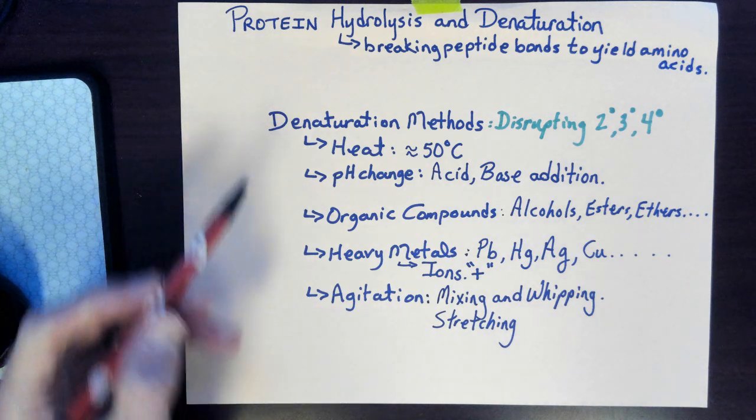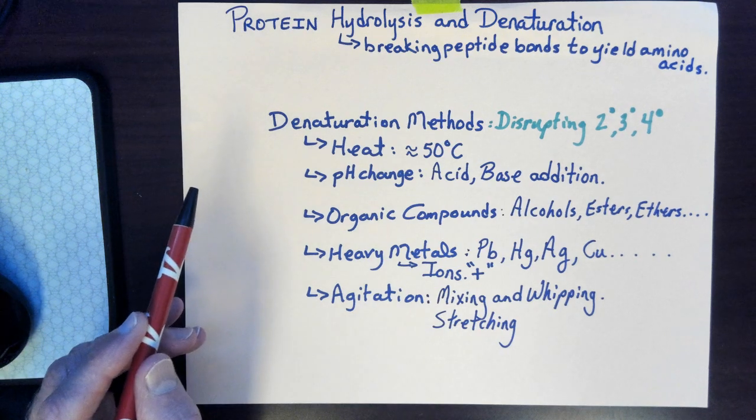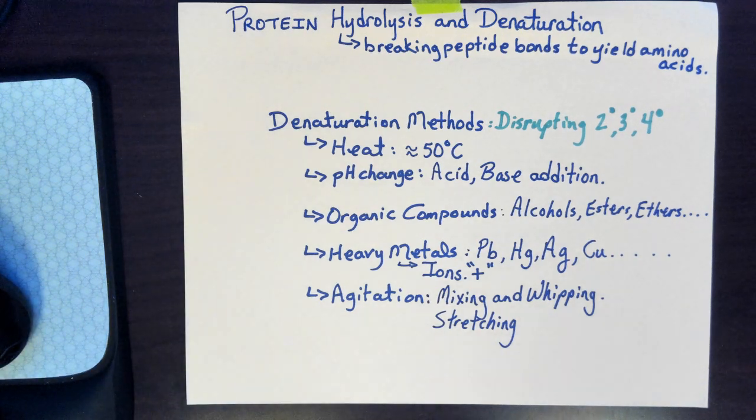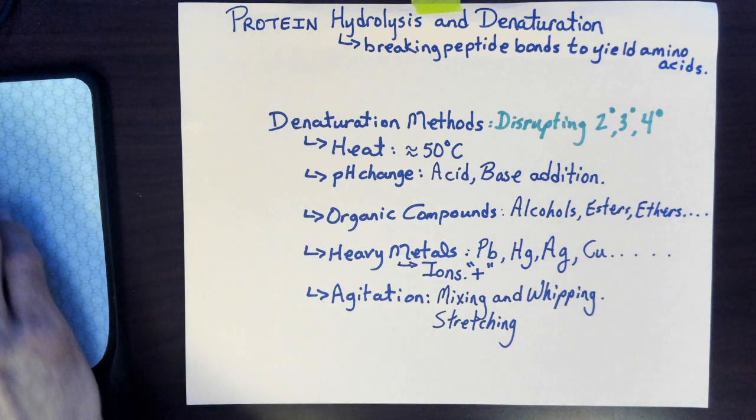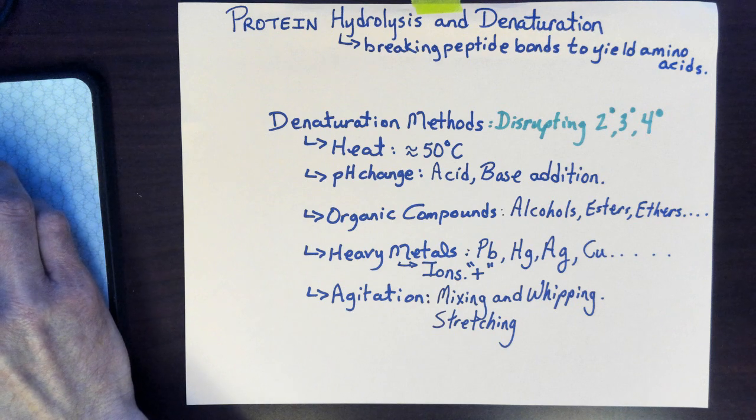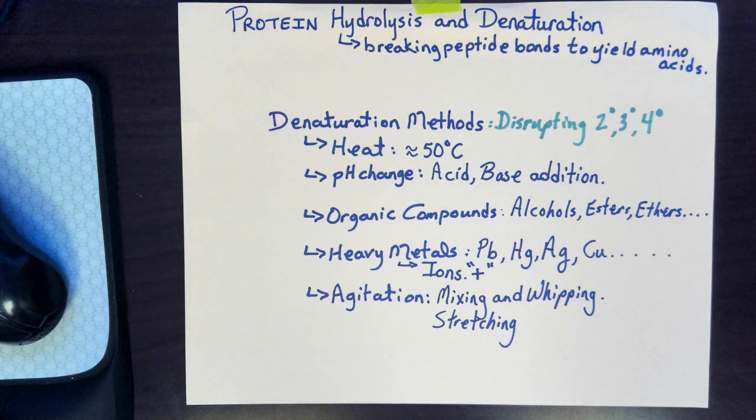Denaturation methods is where you disrupt, you alter, you change the secondary, tertiary, or quaternary structure of the proteins. And there are some ways you can do that. We can do it through the use of heat.